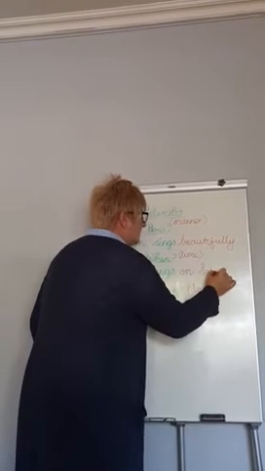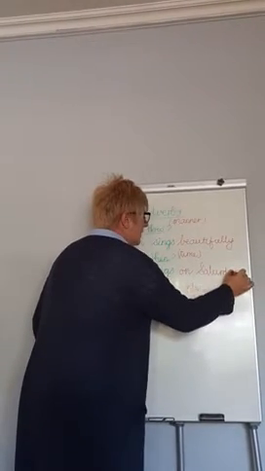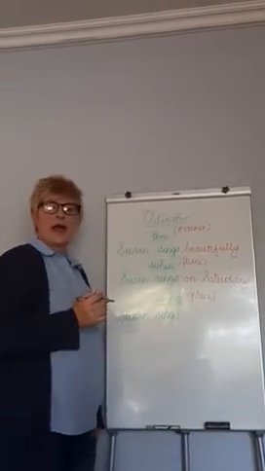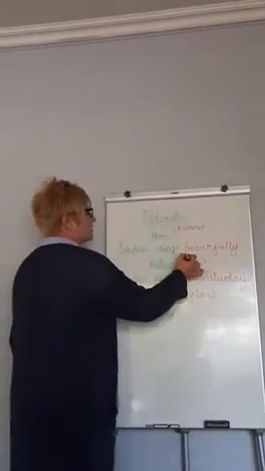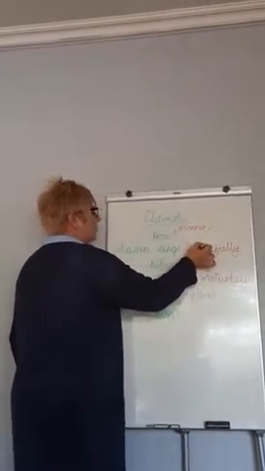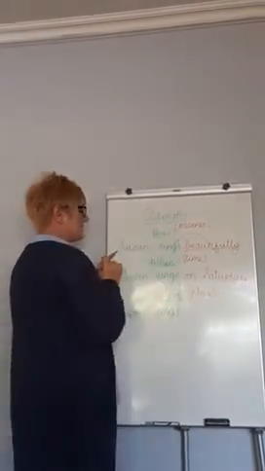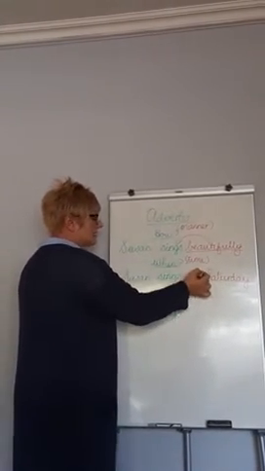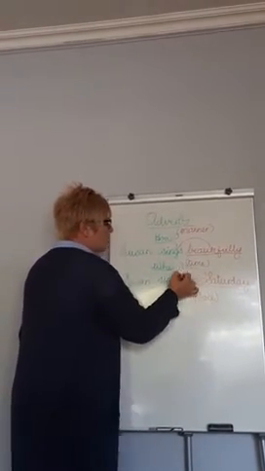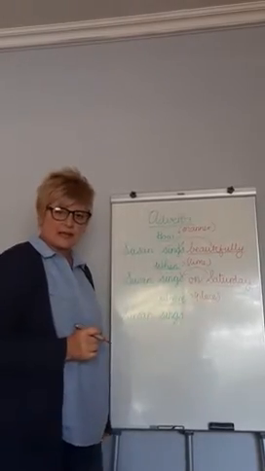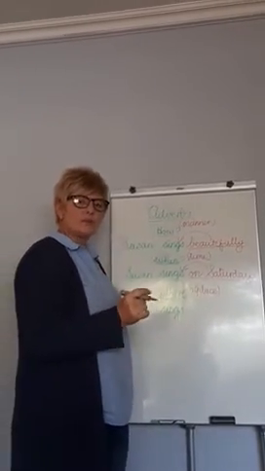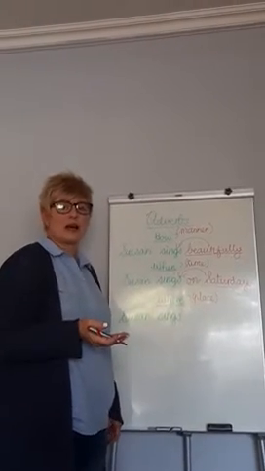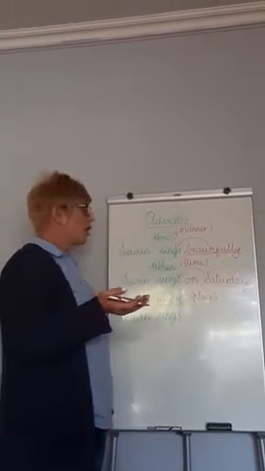If we add the words on Saturdays, then this becomes our adverb of time, because just like beautifully told us about the word sings and how she was singing, on Saturdays tells us when Susan was singing. So this adverb added to the verb now, and we know more about how the action was performed or when the action was performed.